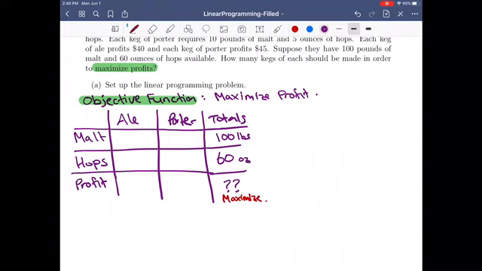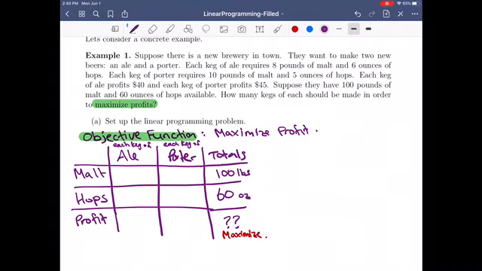For each keg of ale and each keg of porter: each keg of ale requires 8 pounds of malt and 6 ounces of hops and profits $40. Each keg of porter requires 10 pounds of malt and 5 ounces of hops and profits $45.